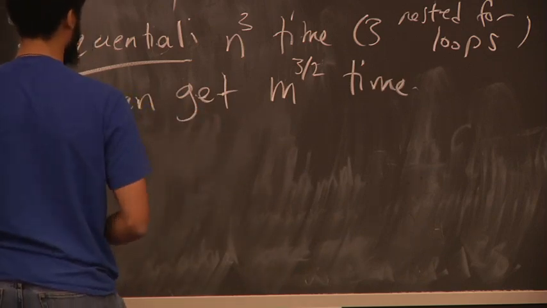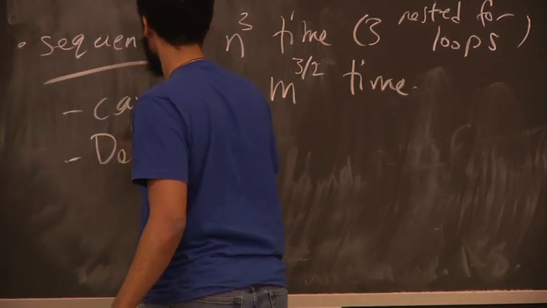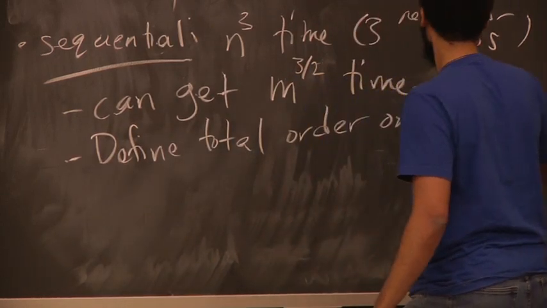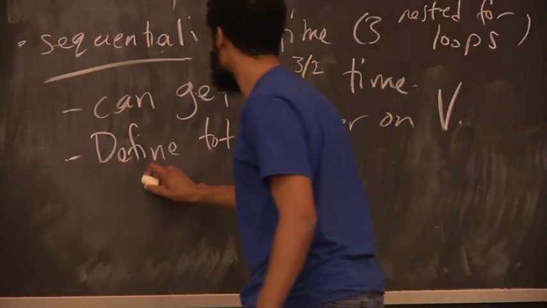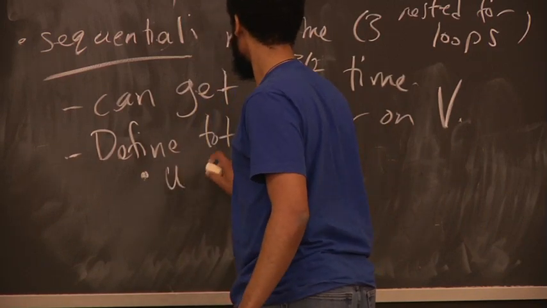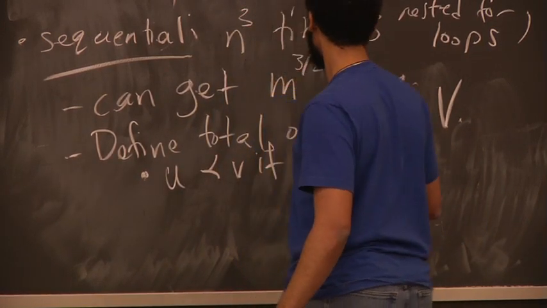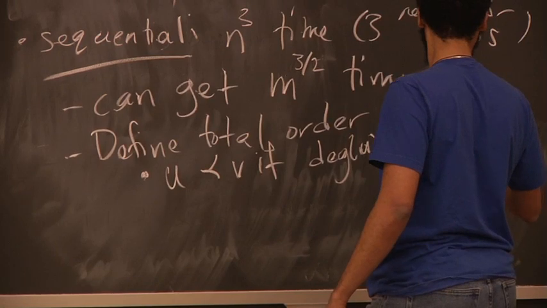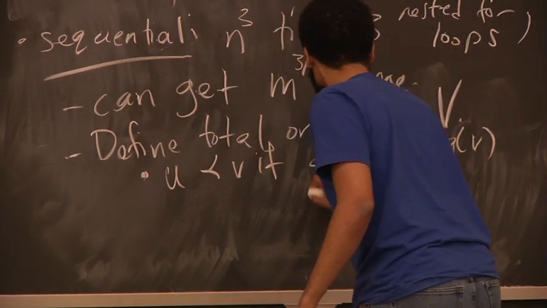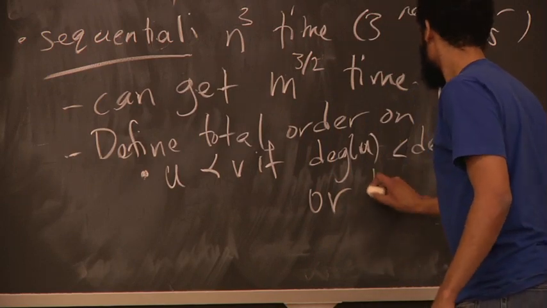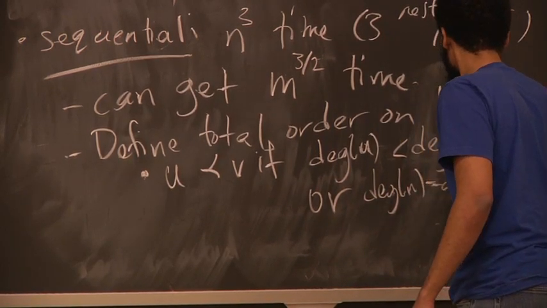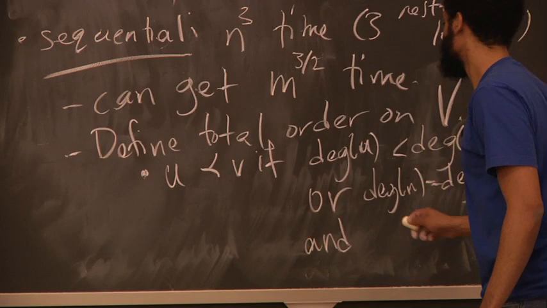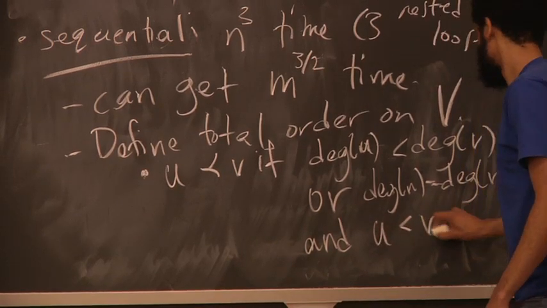Okay. So what's the sequential algorithm that gets this? Let's define a total order on V. We're going to say that u is less than v if the degree of u is less than the degree of v, or the degrees are equal and u is less than v.